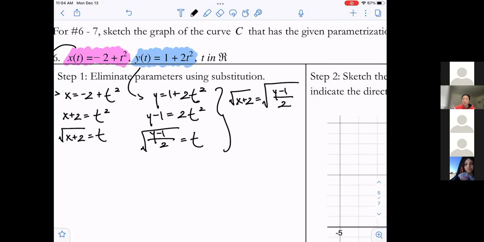Now we're trying to achieve that third goal, which is make it familiar. So now we're going to square both sides. Times 2.